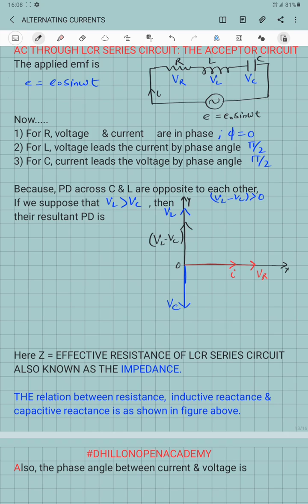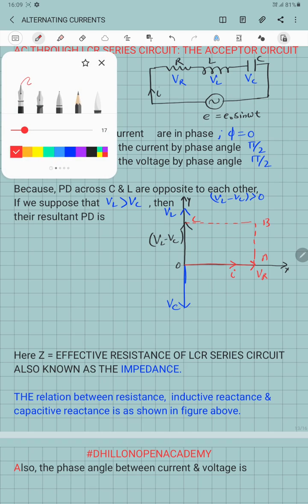Now on this phasor diagram we have the two main phasors. One, the voltage for resistance along the x-axis. Second, the difference of the voltages of the inductor and capacitor, VL minus VC, along the plus y-axis, and both of them are acting at the point O. So in order to find the resultant of the two, we complete the phasor diagram by completing the parallelogram OABC, in which sides OA and CB represent the voltage for resistance, and sides OC and AB represent VL minus VC.